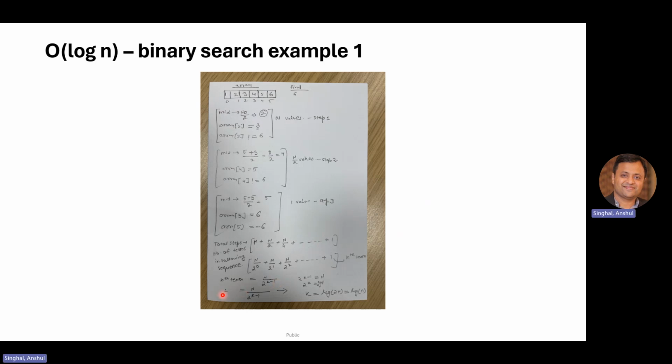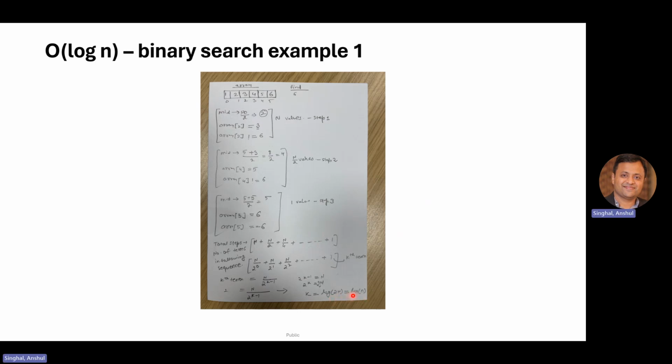But now I can say 1 is equal to n by 2 raised to the power k minus 1. So from this maths, we can say 2 raised to the power k minus 1 is equal to n. If I do it further, 2 raised to the power k is equal to 2n. If I take the log on both sides, k is equal to log of 2n, and then we can drop the constants.